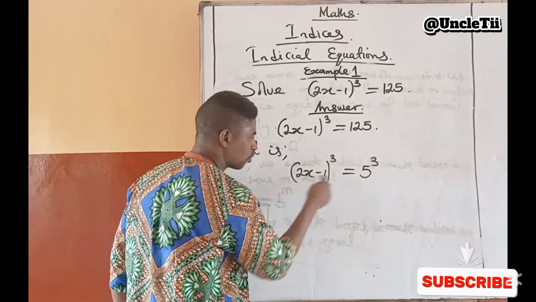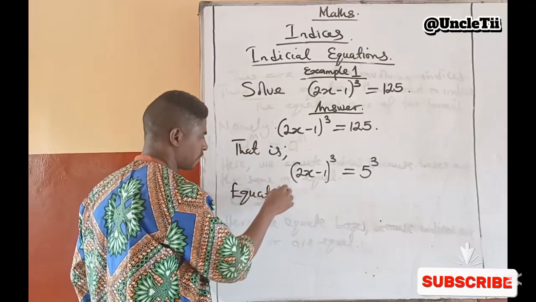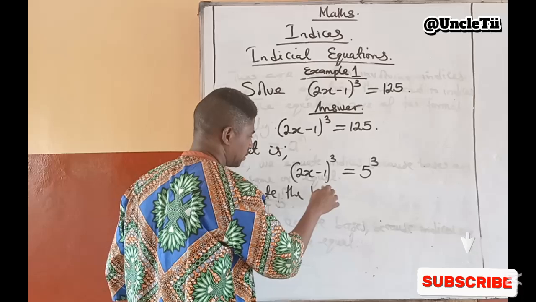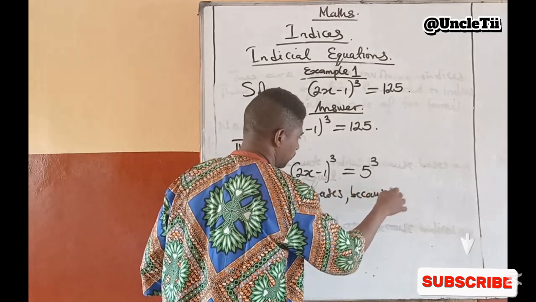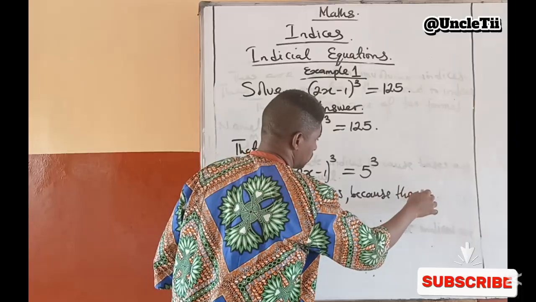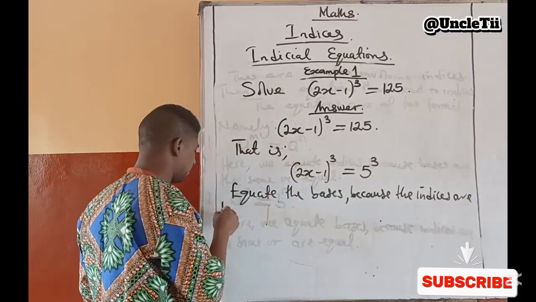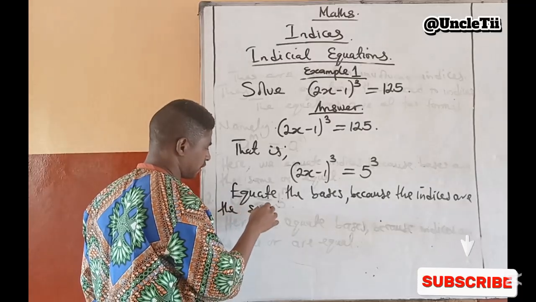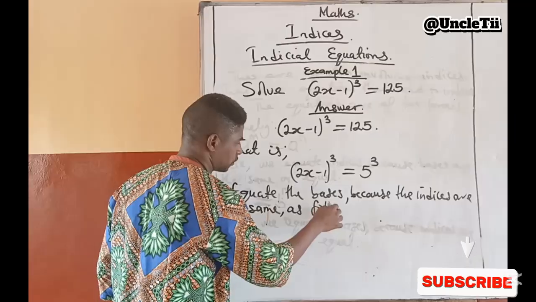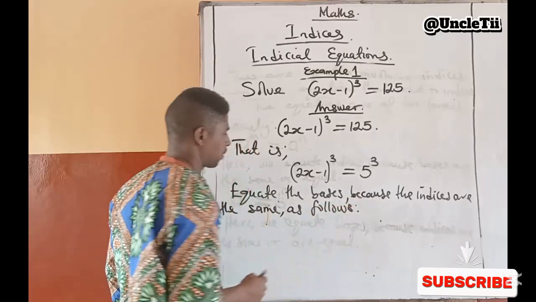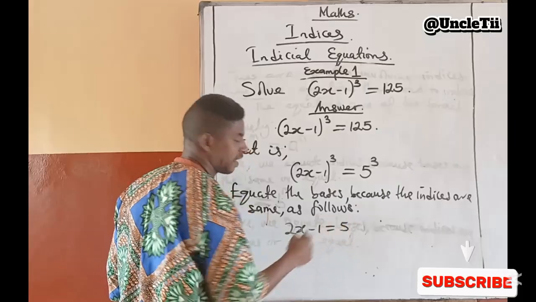We can therefore equate the bases, because the indices are the same, as follows. That will give us 2x minus 1 equal to 5.